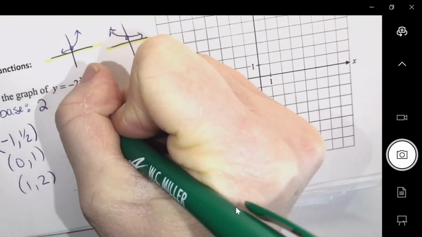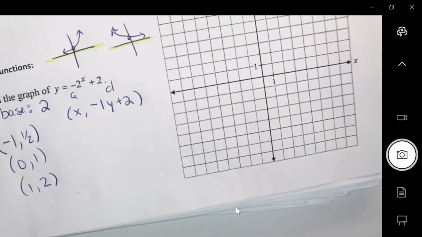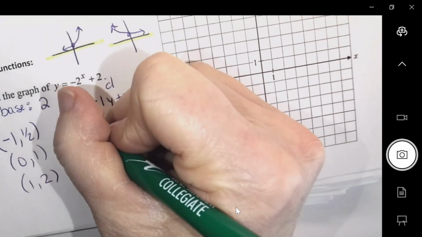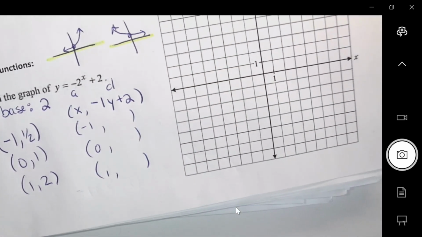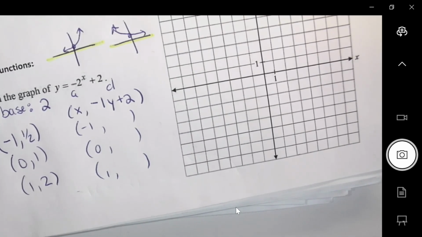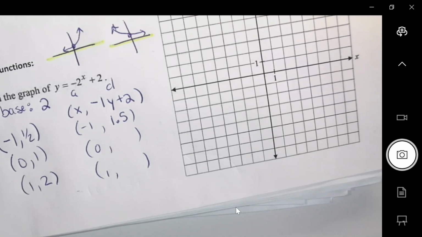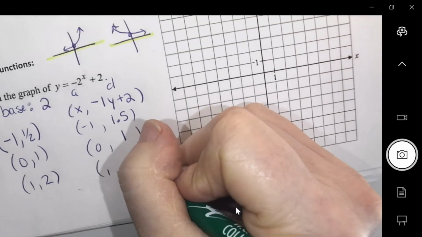So nothing x, negative 1 y plus 2. Okay, be careful there. Negative a half, and then I add 2 after that. 1.5. Negative 1 plus 2 is 1. Negative 2 plus 2.